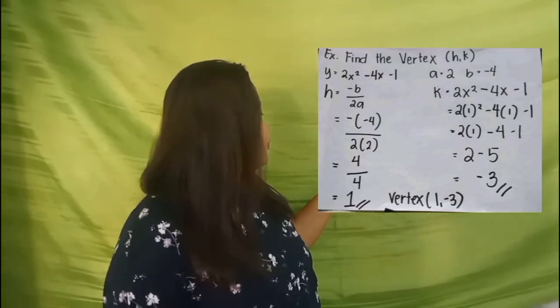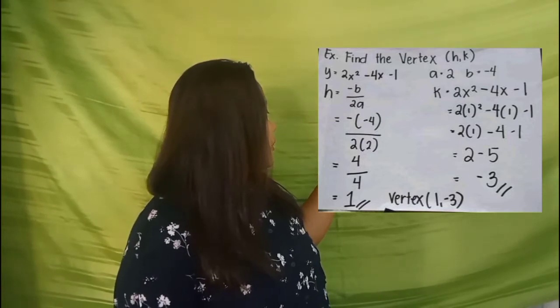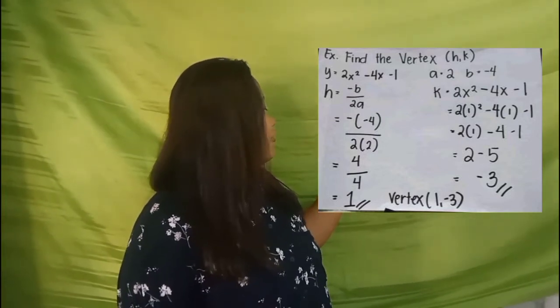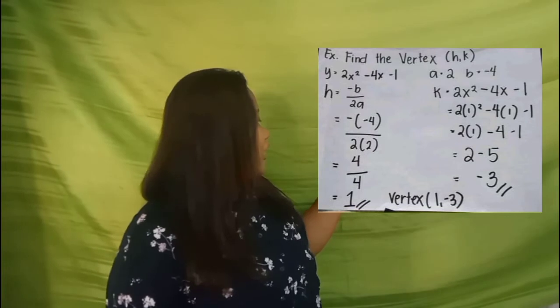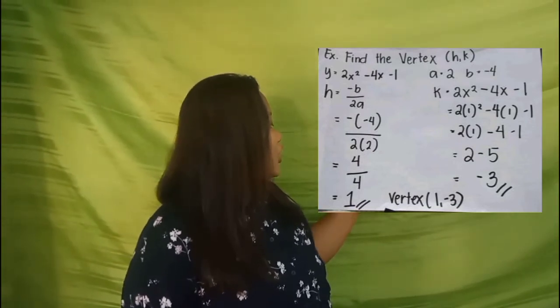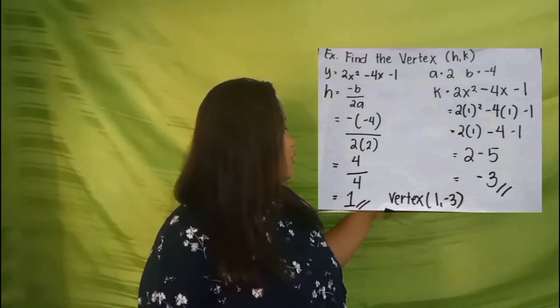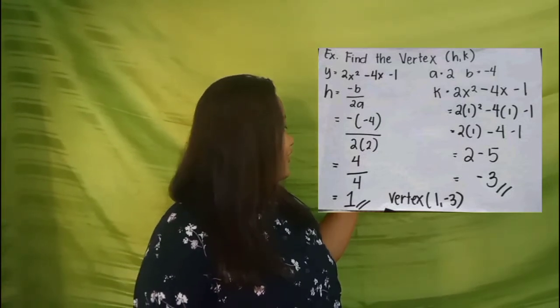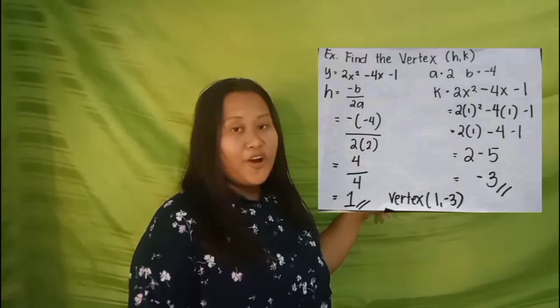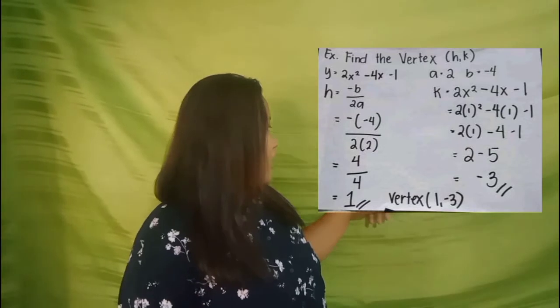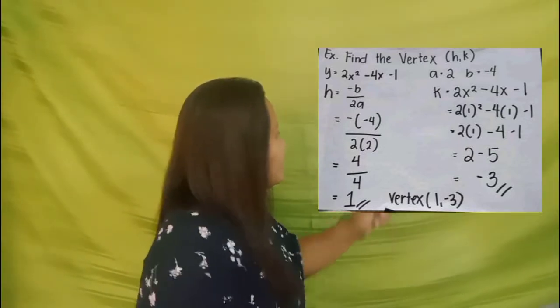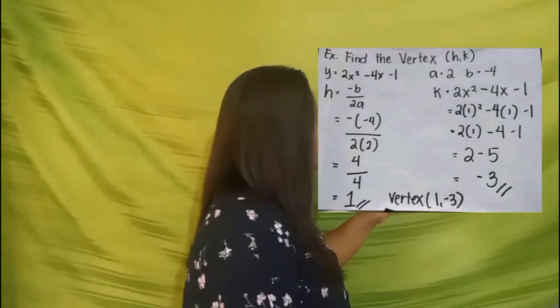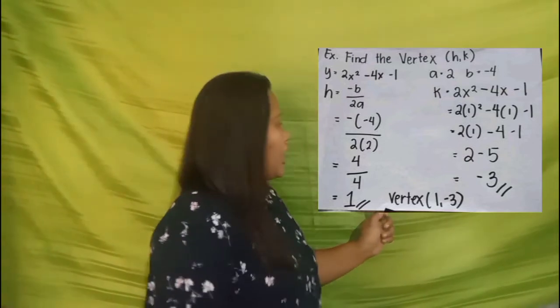Substitute negative b: negative times negative 4, and 2a, where a is 2. 2 times 2 is 4, and negative times negative 4 is 4. 4 divided by 4 is 1. For k, it is just substitution. The x will be 1.